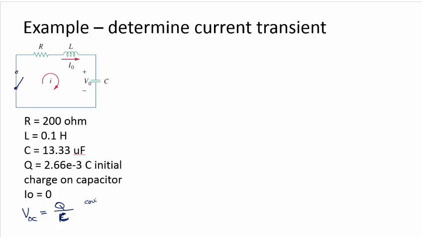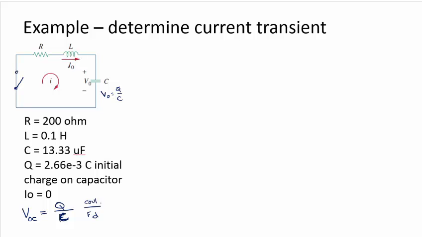So that's in coulombs, and that's in farads down here. So we can use that fact to determine the initial voltage, which relates to the initial charge and the capacitance on this capacitor. So V0 will equal Q over C. So you'll get the initial voltage. And notice I have I0 in my example, no initial current, so no storage of magnetic energy in this inductor right now.